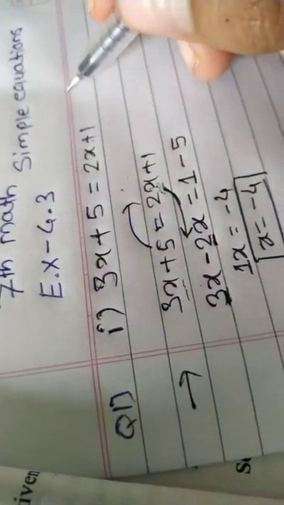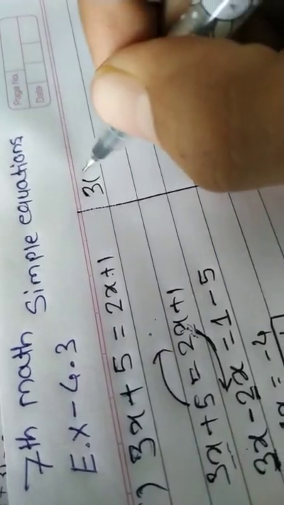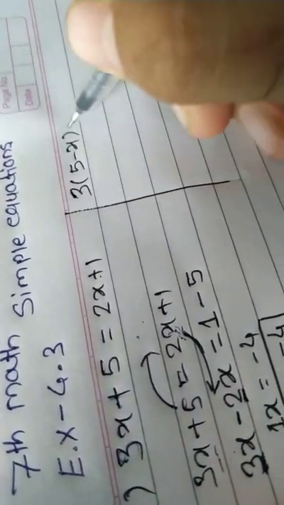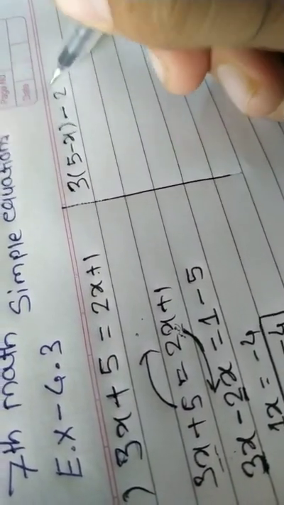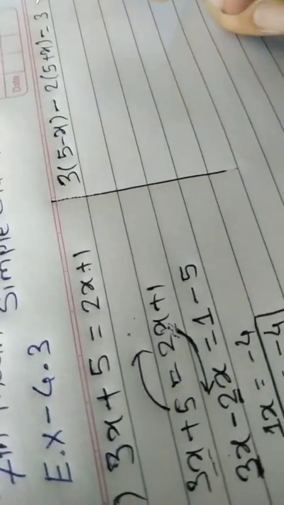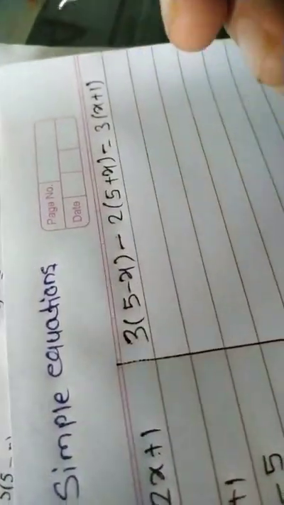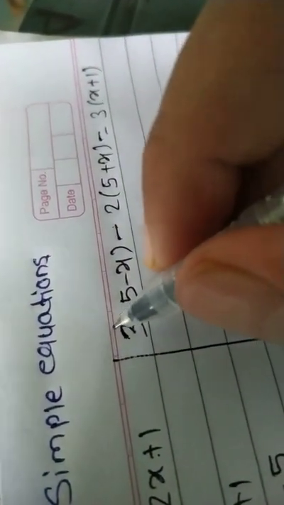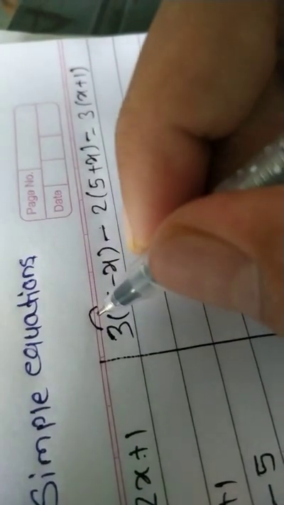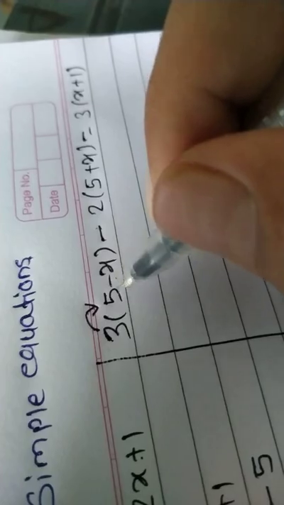Okay, let's see the second example. It's quite a big one: 3 in the bracket 5 minus x, minus 2 in the bracket 5 plus x, is equal to 3 in the bracket x plus 1. So just solve these brackets. How are we going to solve them? First we multiply each term of the bracket by the number outside.